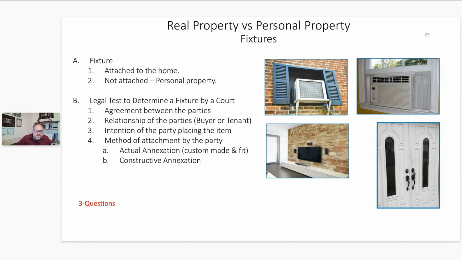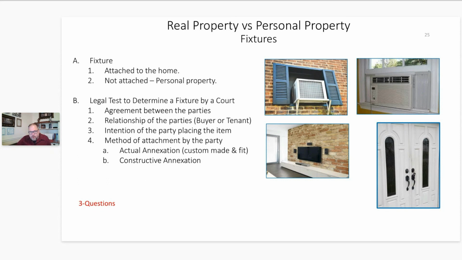So in this case, that window unit to the far right would be personal property. Okay. Again, if you're touring property and you see a window unit and it looks like this, you want to make sure there's an agreement between the parties whether it stays or goes. But for the state exam, what's the intention of the party? If you look at a picture like that, you're going to say, that's not a permanent installment. I can take that down, close the window, and I can pack it up and put it in the back of a truck in a matter of minutes. Okay.